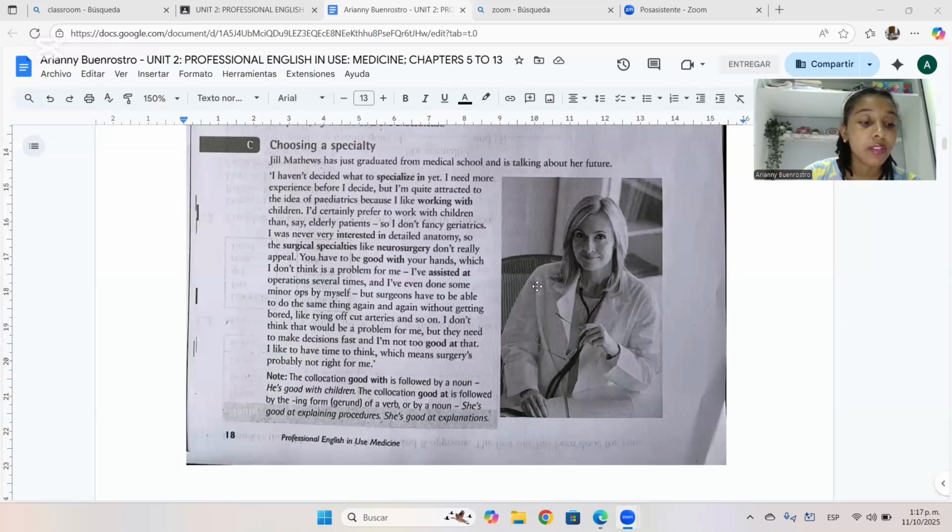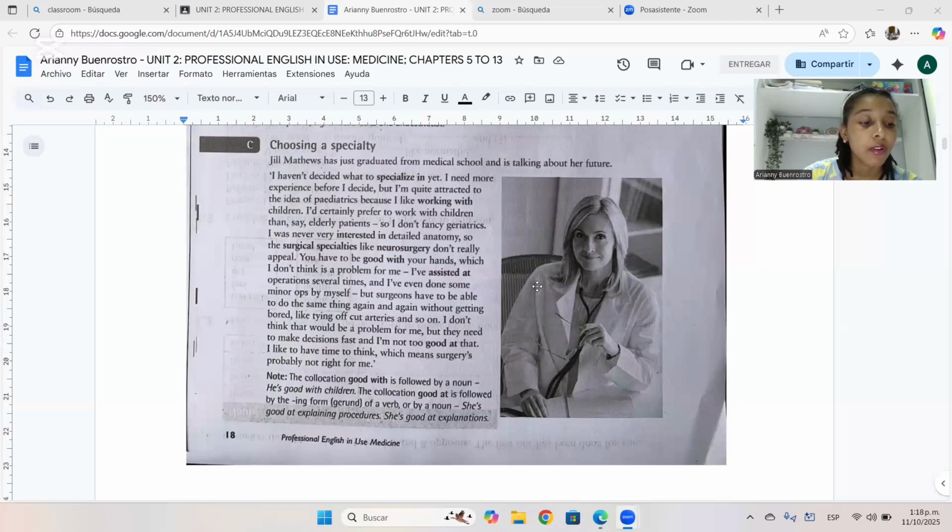I was never very interested in detailed anatomy, so the surgical specialties like neurosurgery don't really appeal. You have to be good with your hands, which I don't think is a problem for me. I've assisted at operations several times, and I have even done some minor ops by myself.